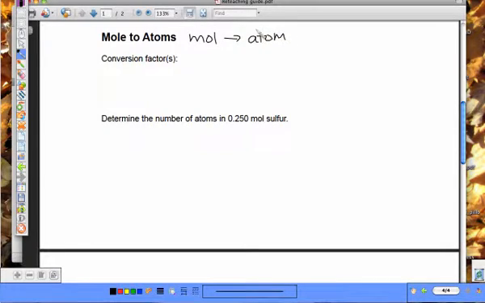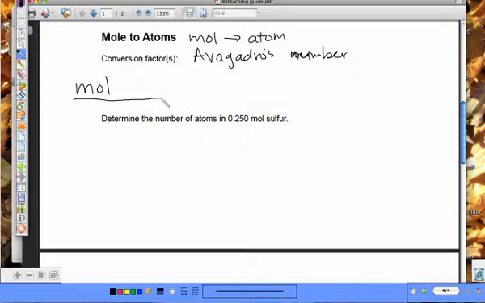The conversion factor we're going to use is Avogadro's number. So for given moles, we know how many moles of a substance we have.